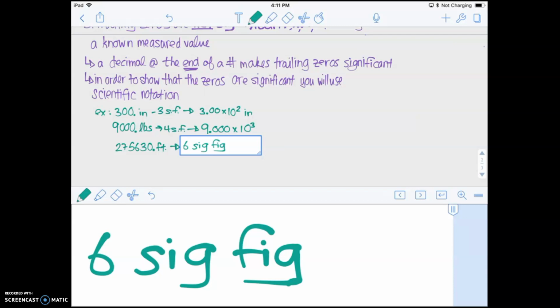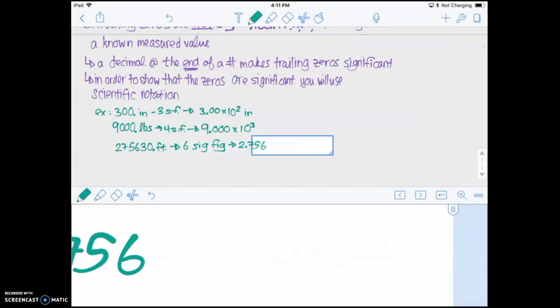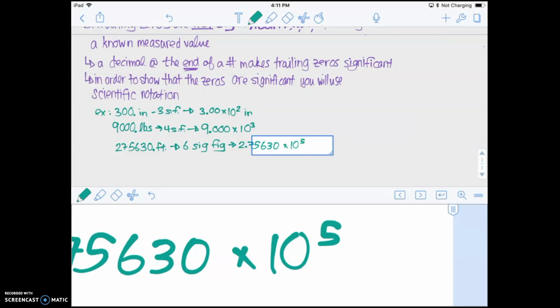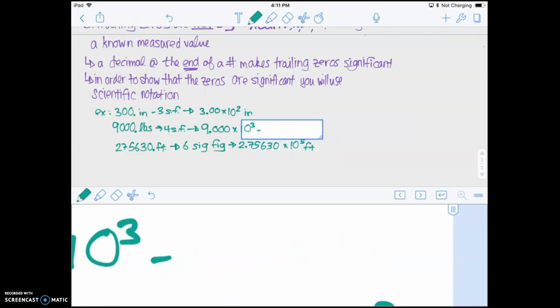But if you did want to challenge yourself, you could transform it into scientific notation. This one would be 2.75630 times 10. And this time we moved our decimal how many places? 1, 2, 3, 4, 5. So you'd put the 5 up there. You'd remember your units because I'm doing really bad at that right now. And then you would be good.